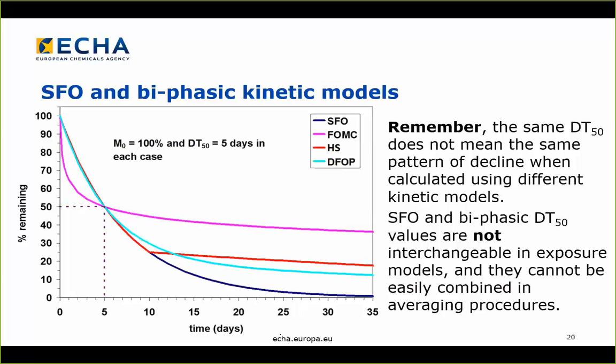You can't average SFO DT50s and FOMC DT50s and DFOP DT50s and get anything that's particularly meaningful, okay? Not for modeling. So it's kind of basic, but we'll probably keep coming back to that limitation, particularly when we're talking about exposure modeling.